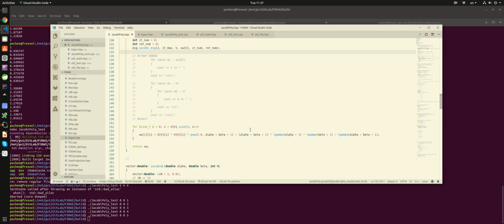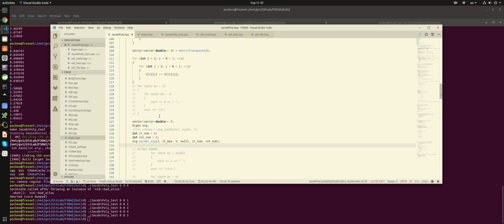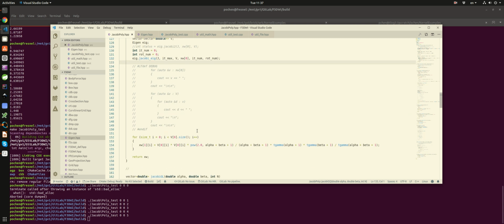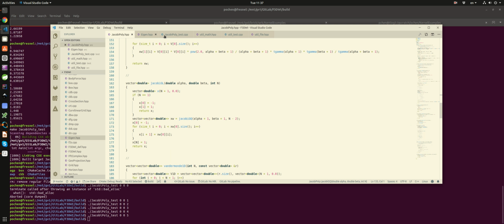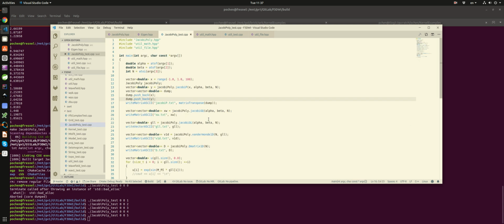The algorithm doesn't have to depend upon eigenvalue decomposition. There are also techniques for finding the roots of polynomials based upon Newton's method, but here it's trying to solve an eigenvalue problem. And then Jacobi GL is going to call that Jacobi GQ function in order to produce the GLL points.